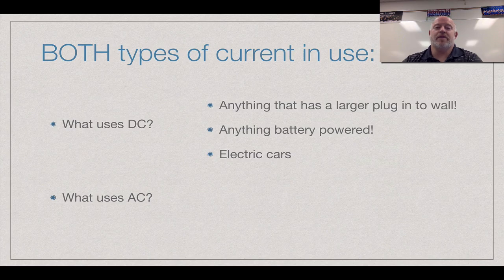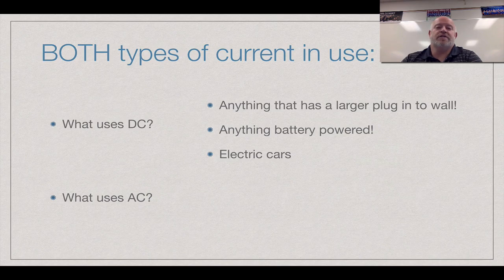Now, what you might not realize is that anything you have to plug into the wall with one of those big plugs, whether it be your hair dryer, a plug for a TV, or maybe an Xbox, if you have a big plug on it, that plug is called a transformer.